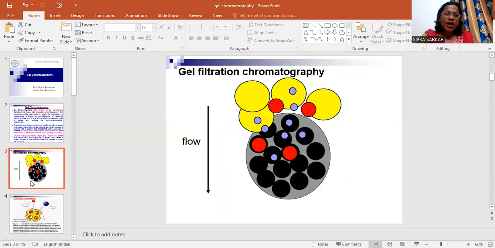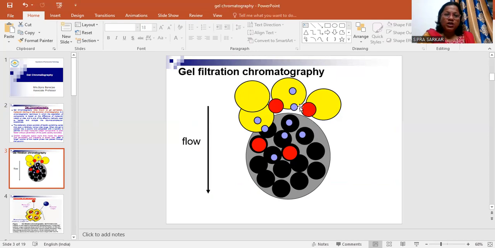Here you see the diagram. This is the stationary phase, and the beads are here. The yellow colored beads are larger molecules, which will not be absorbed and will be eluted, while the smaller molecular size components will be fixed into the pores of the beads.